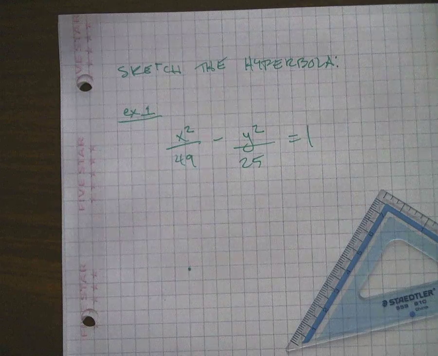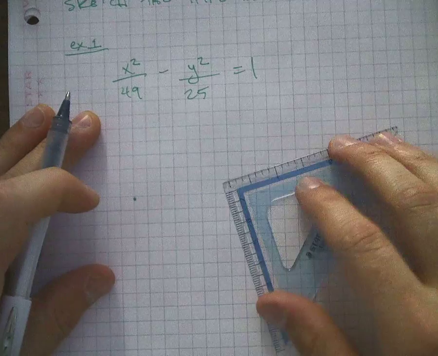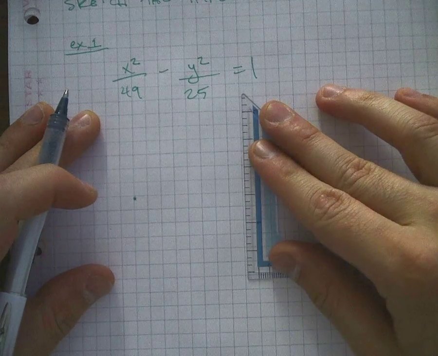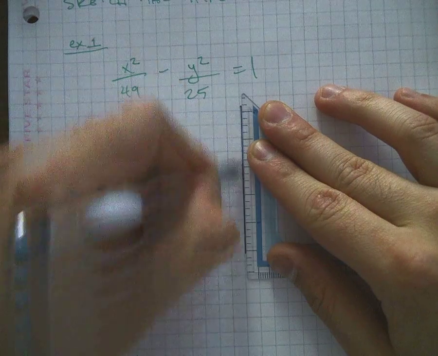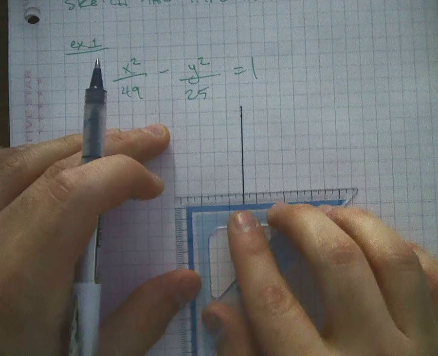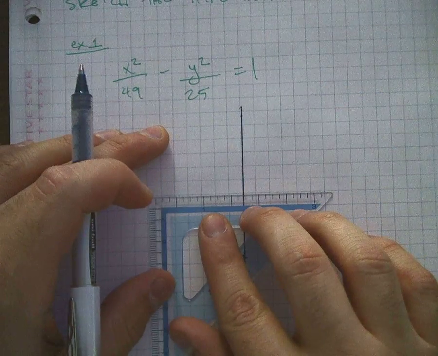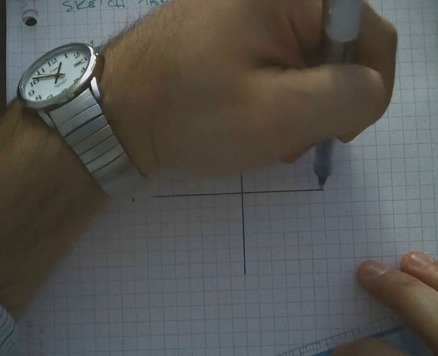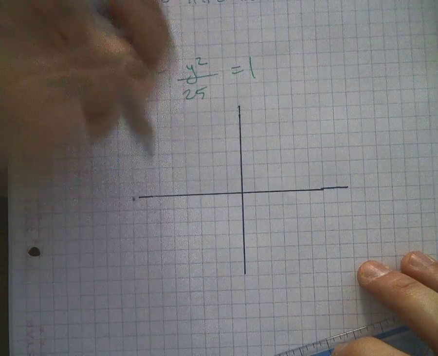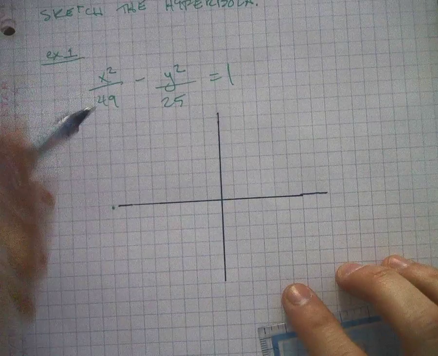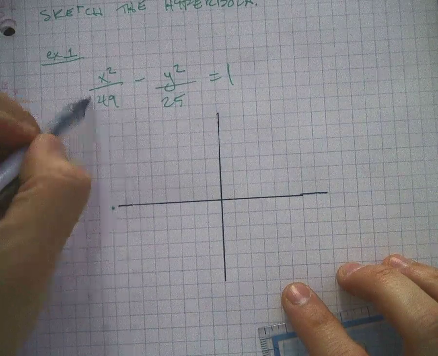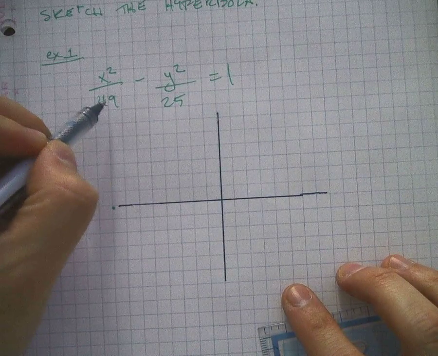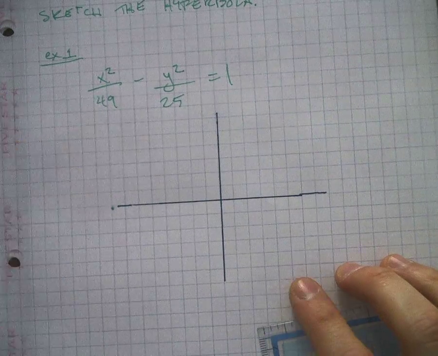I'm just going to make a little coordinate axis down here. And we're going to label some things out. So since we're over here 49, let's start off with the basics.